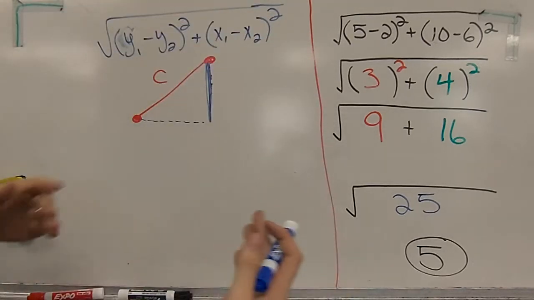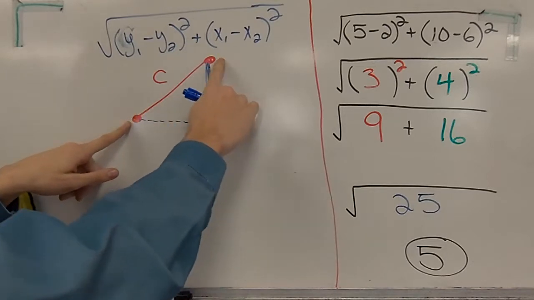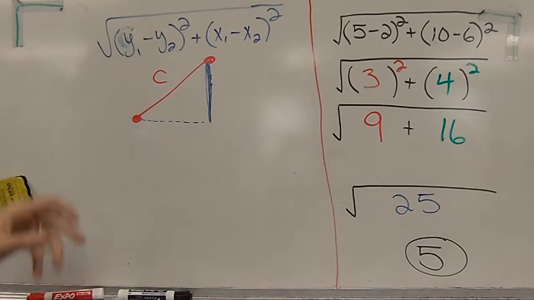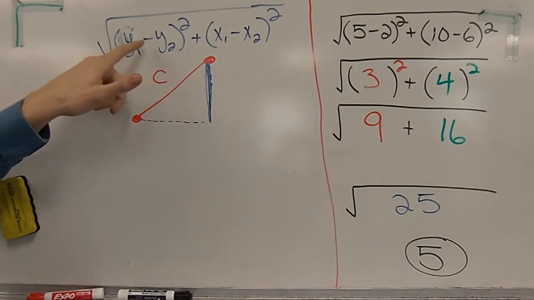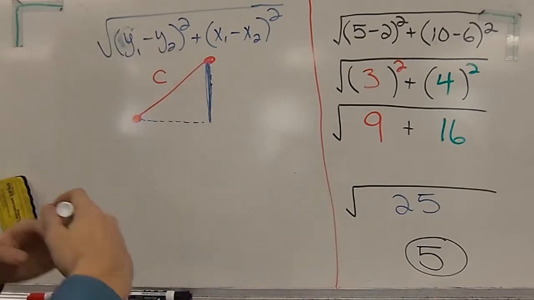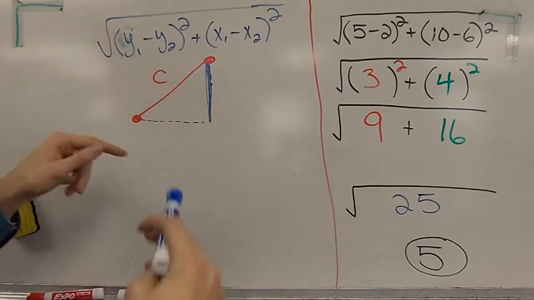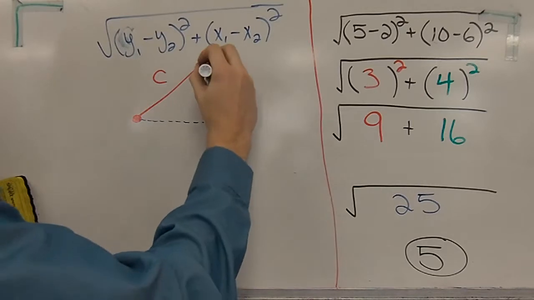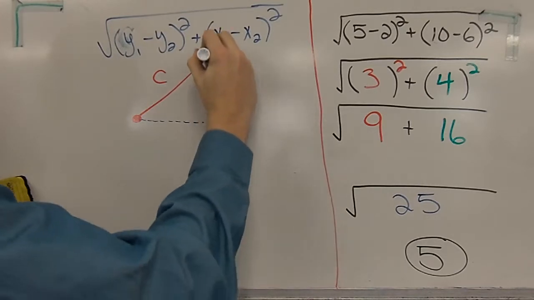So when you subtract the 2 y coordinates, you get the vertical, up and down, distance between those 2 points, because subtraction finds what's between 2 things.